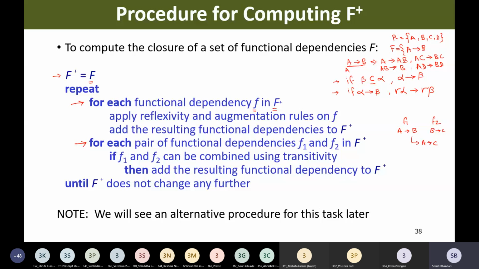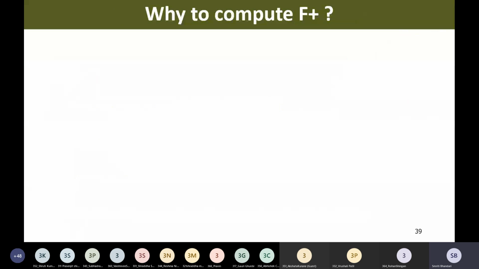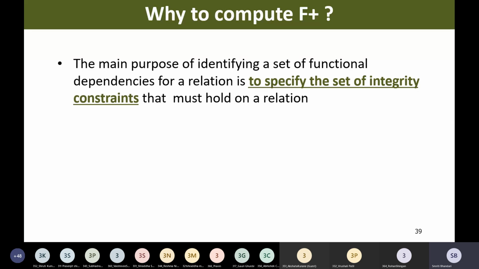But actually, you should have one question in your mind. Why are we doing all this? Why is there a need to compute F plus? I am going to provide the reason why we are computing this F plus.